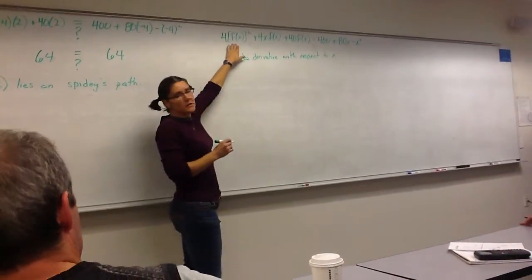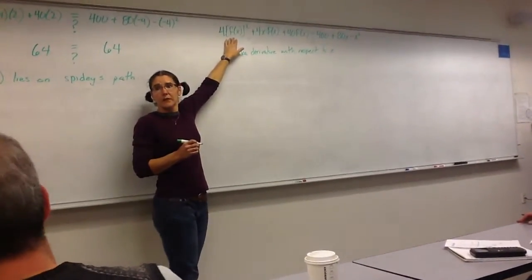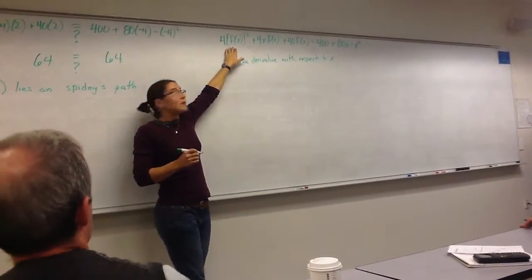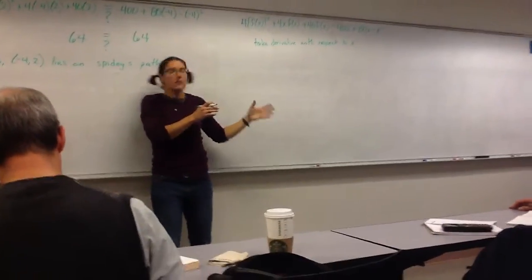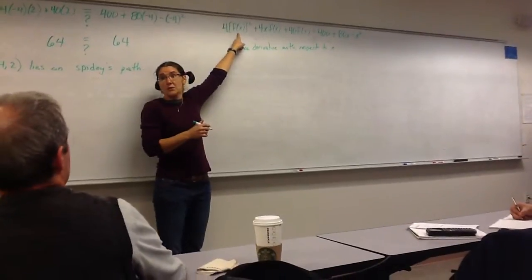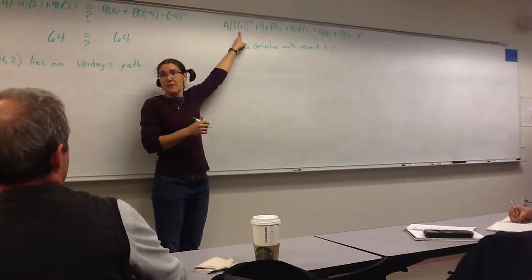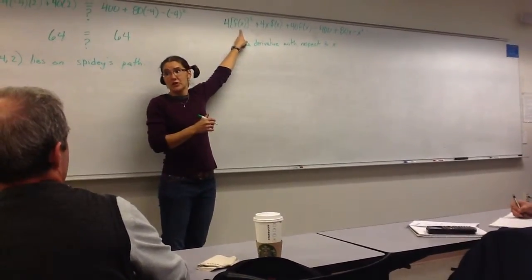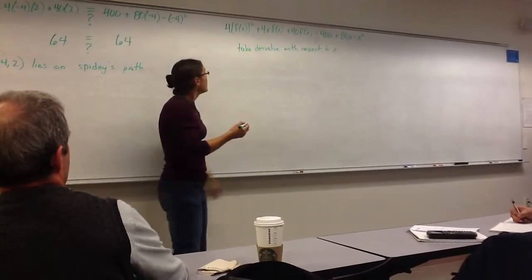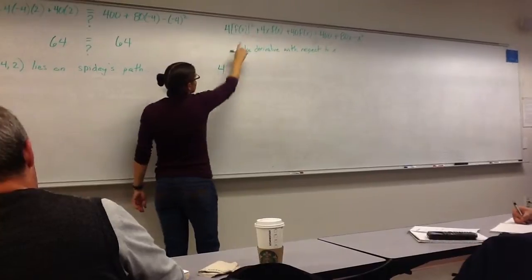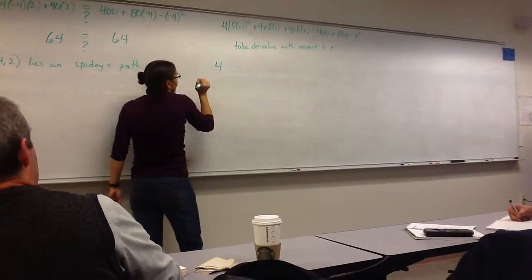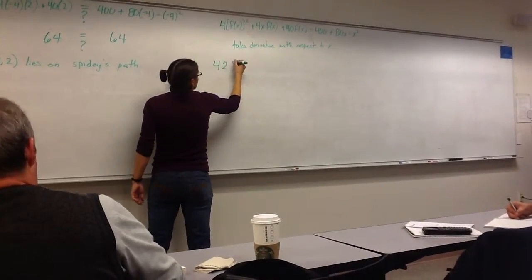My first one is 4 times f of x squared. When I take this derivative, that 4 I can carry along because it's a constant multiplied by something changing. And then I'm going to use the chain rule because I have f of x, that entire expression, squared. So my chain rule says, okay, I'm carrying along that 4. Chain rule says take the derivative of the outside, keeping the inside the same.